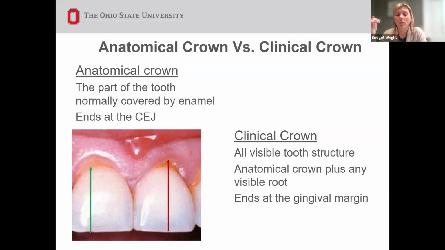So the anatomical crown stops at the CEJ, and the anatomical root will begin at the CEJ and go to the apex of the root.